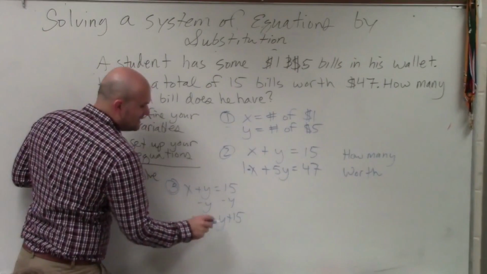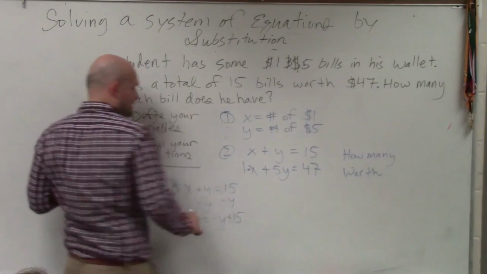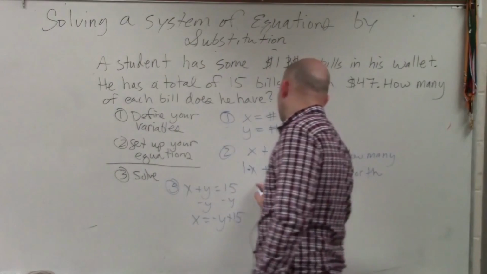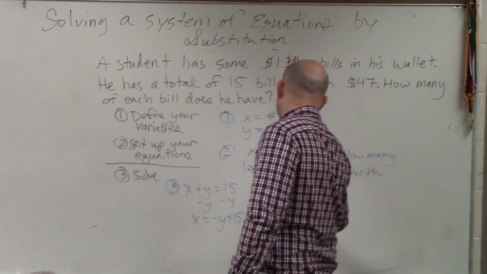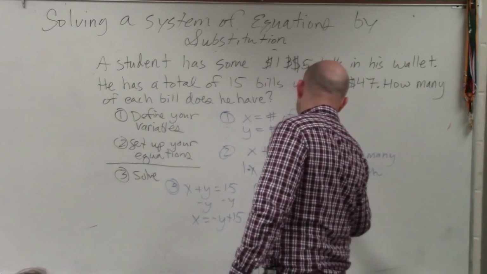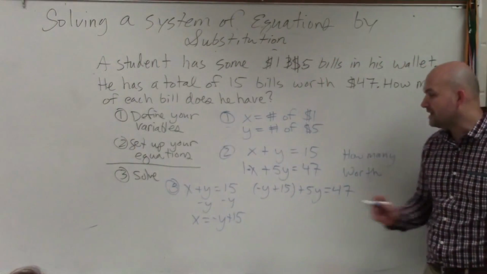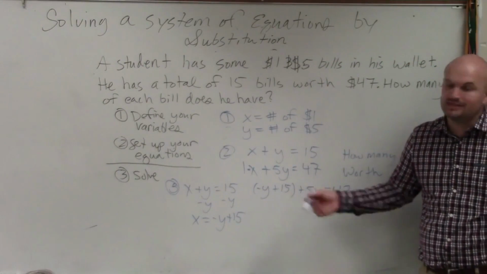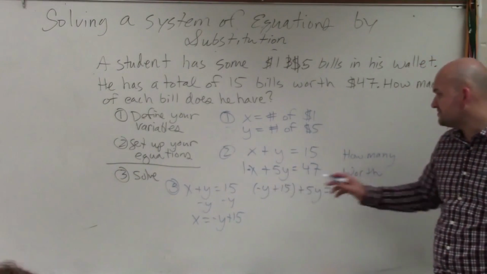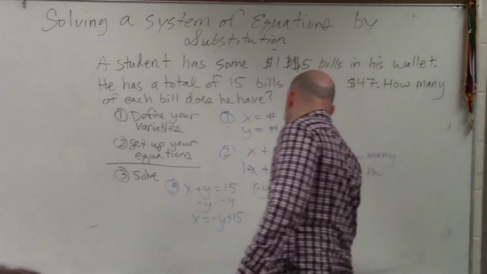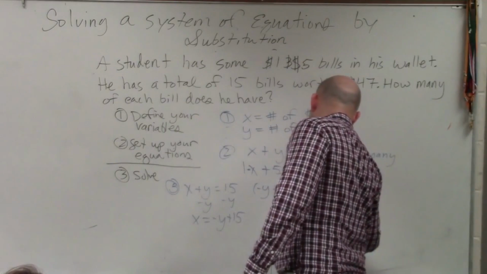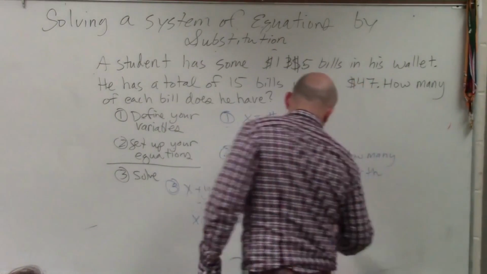That is the quantity I'm going to plug in for x in the other equation. So when plugging that in, I get negative y plus 15 plus 5y equals 47. I'm not multiplying anything by my x, so I don't need the parentheses. Negative y plus 5y is 4y, so I have 4y plus 15 equals 47.